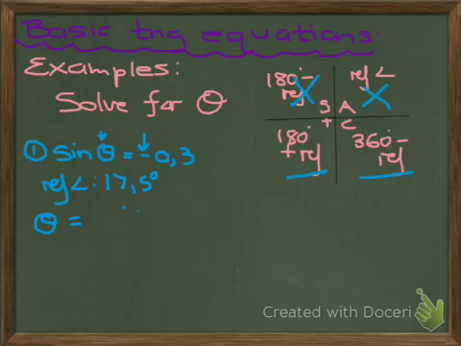So let's just save a little bit of space here and write it out once. So 180 plus 17,5, so that's 197,5 degrees. However, if we think about it, remember what you've started with is a radius that starts there and then rotates all the way around until it has stopped in the third quadrant.